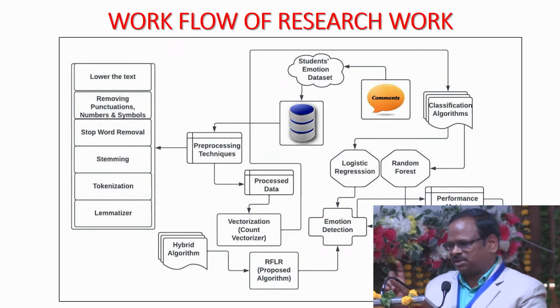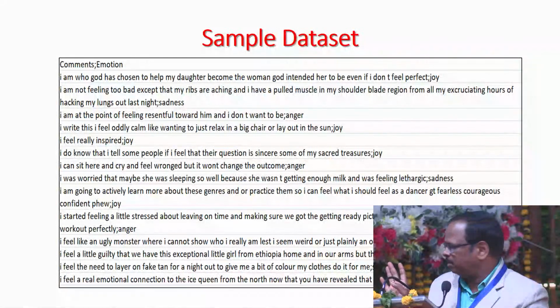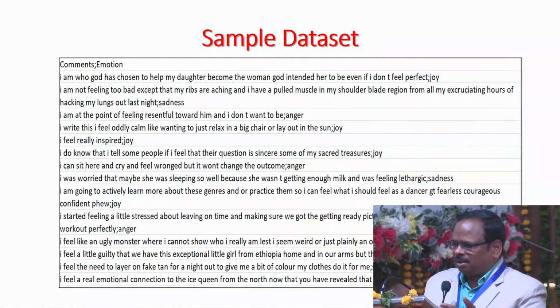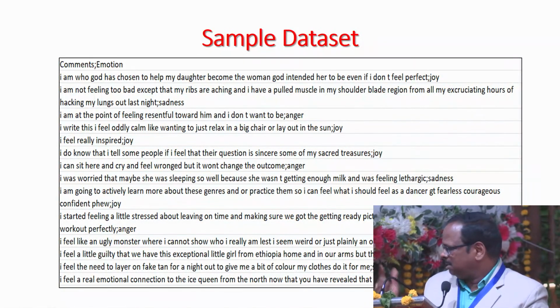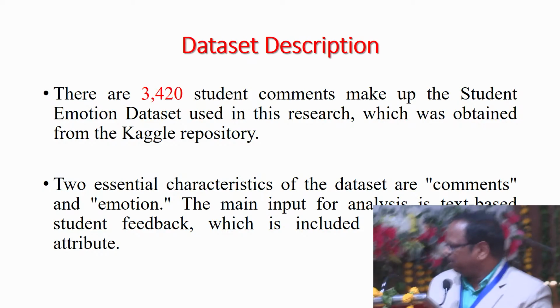After the pre-processing work is carried out, we can apply the machine learning algorithms. There are two machine learning algorithms applied, the random forest algorithm and the logistic regression algorithm. Then a hybrid algorithm, combining both regression analysis and the random forest algorithm, is coined.